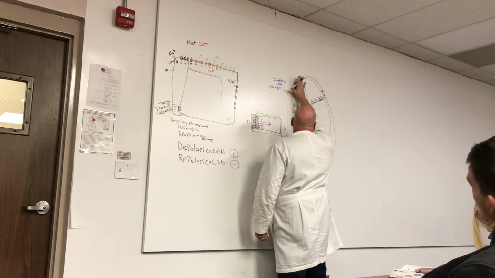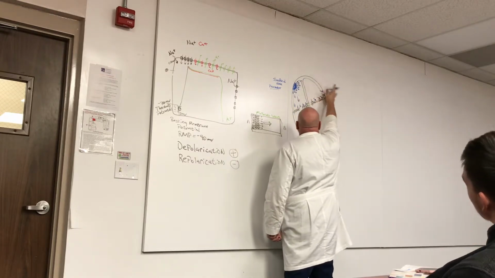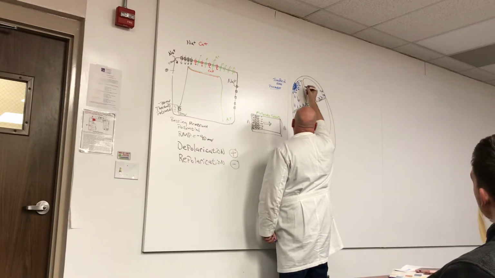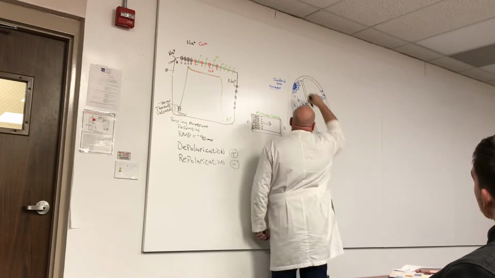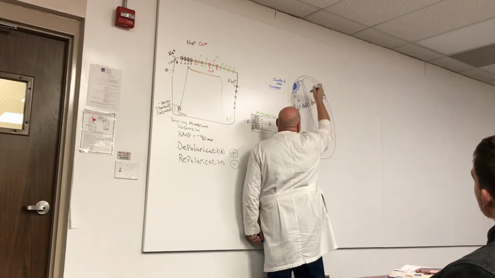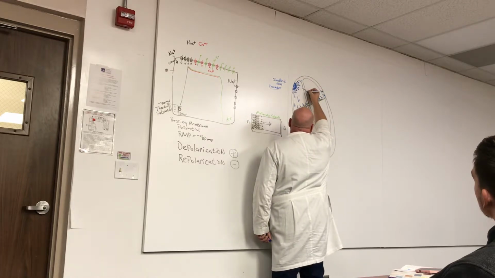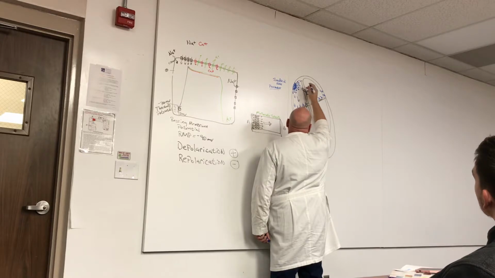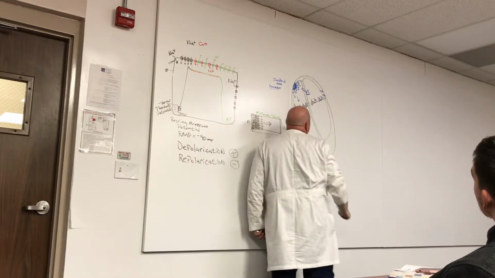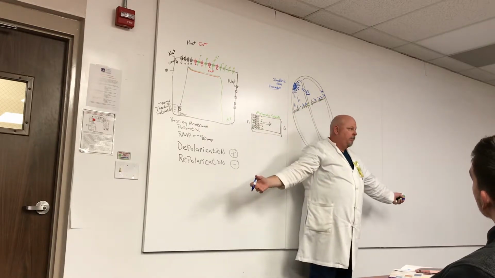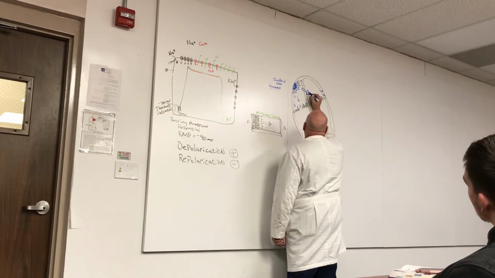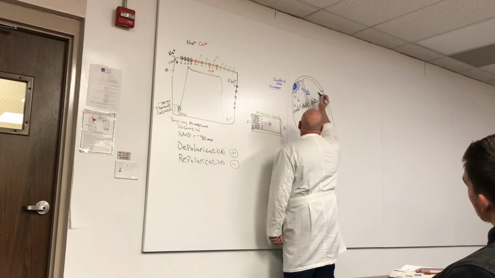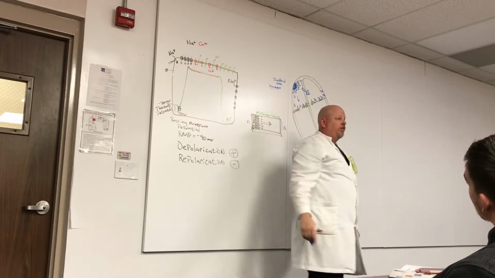So, with these vectors occurring through all of this atrial tissue, we end up with a vector in which direction? Down and to the left.